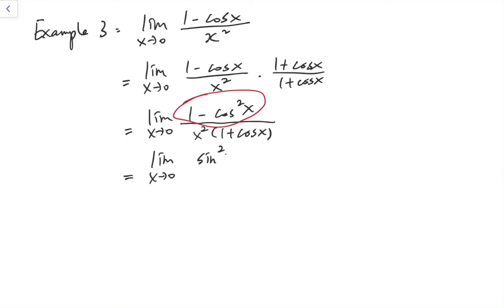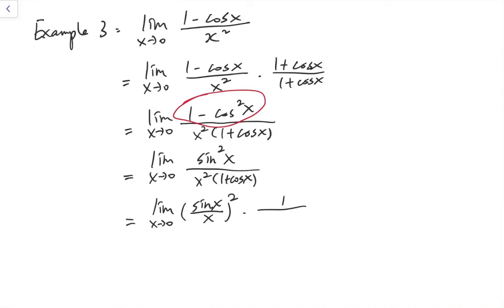In the numerator, you see it becomes sine square x. Right? Then here, sine x over x, it's done.